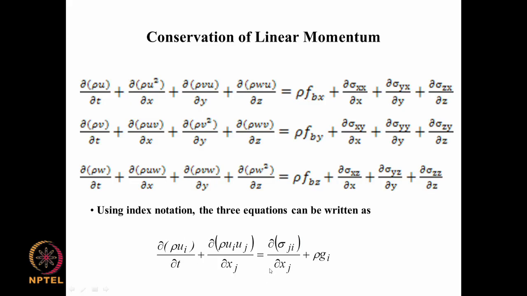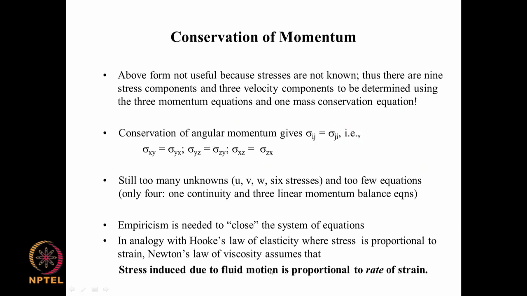So, this is a conservation of linear momentum, but we have a problem because the conservation of linear momentum in itself given like that is not very useful, because if you are considering a flow in which there is no heat transfer, just air flowing over a car, okay, you are not really interested in the temperature, you are not interested in any kind of reaction that may be happening and all that.